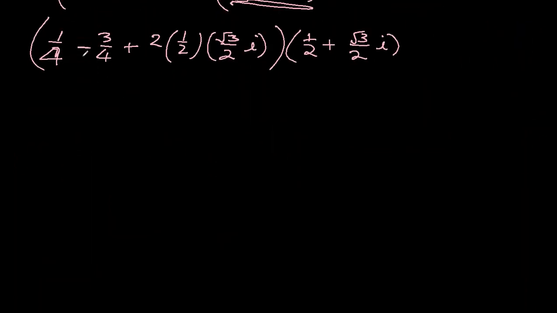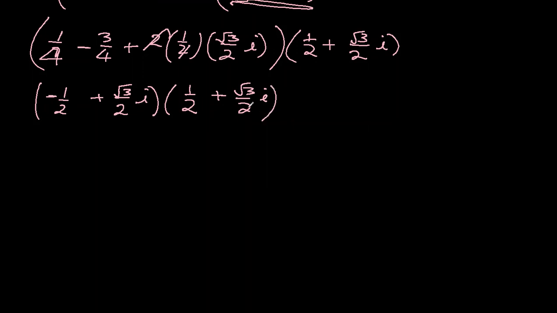So 1/4 minus 3/4 will be minus half. 2 and 2 cancel. We are left with plus square root 3 over 2 i, and then we have half plus square root 3 over 2 i.